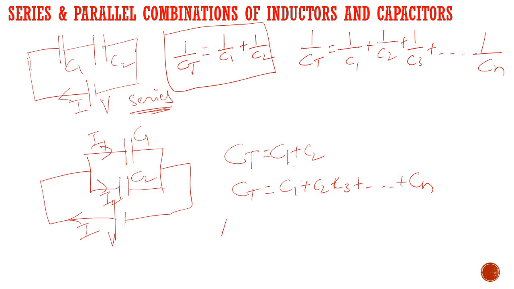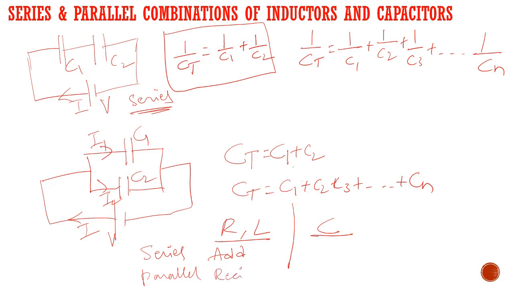So that means resistor and inductor are like elements, whereas the capacitor is a different element. In resistor and inductor, series connection means we add to get the total resistance or total inductance value. Parallel connection means we need to add reciprocals.